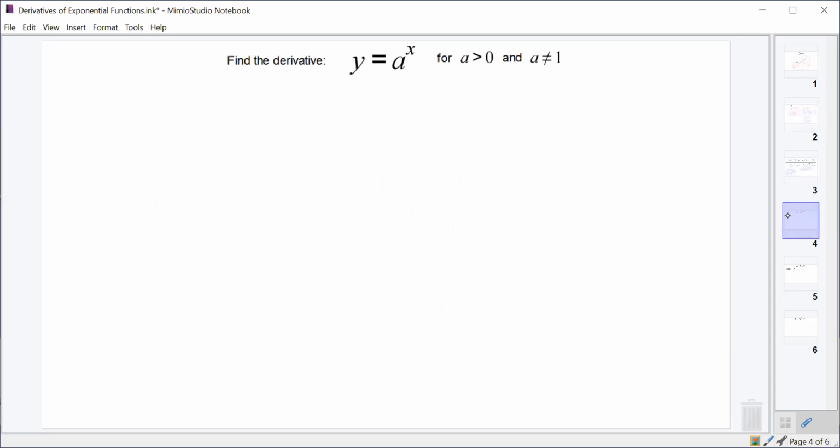So we're going to have to find a little bit of a workaround for this. We are going to use the derivative of e to the u, or e to the x, in this. So is there a way to rewrite a to the x as a power of e? Let's start with an easier question. Is there a way to rewrite 7 as a power of e?